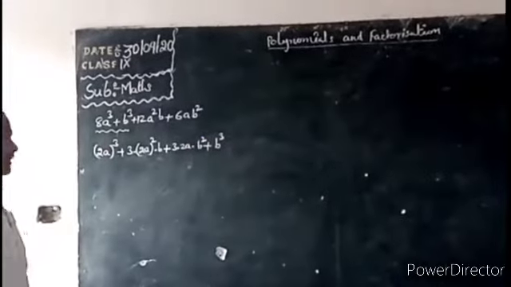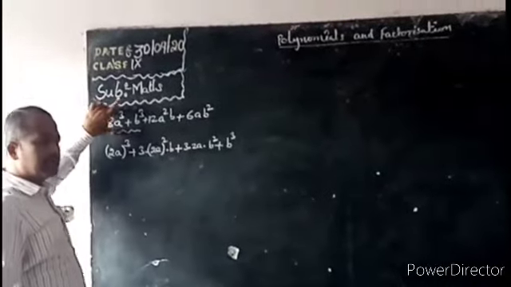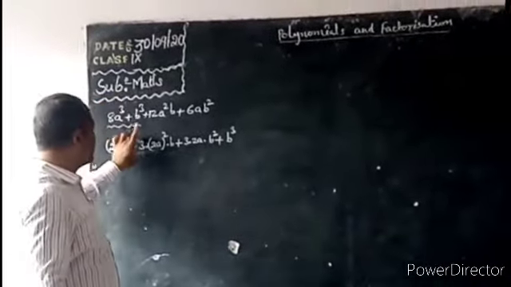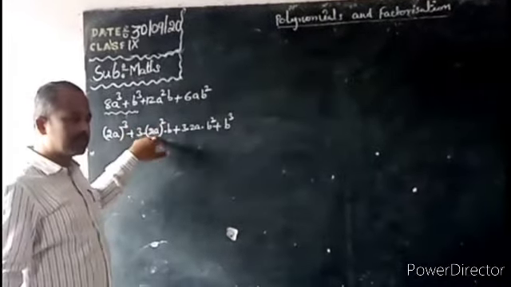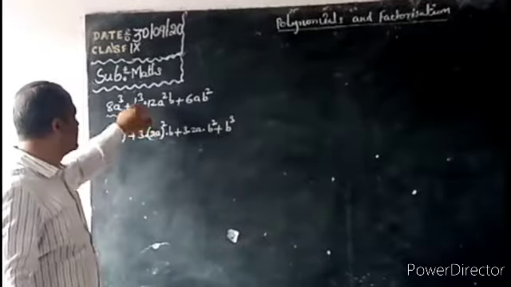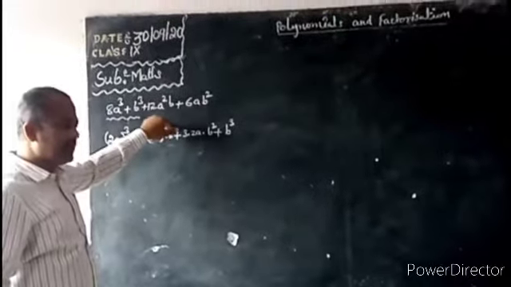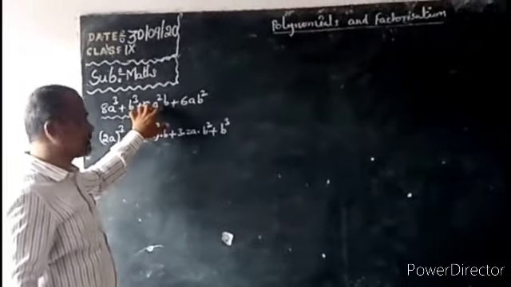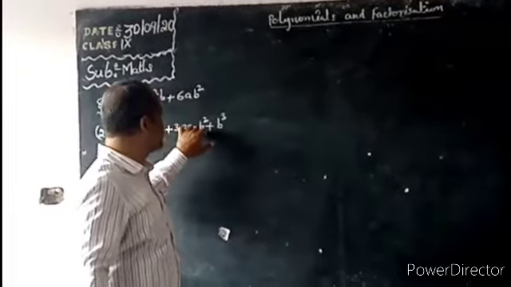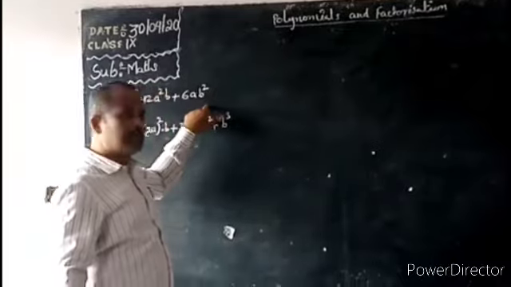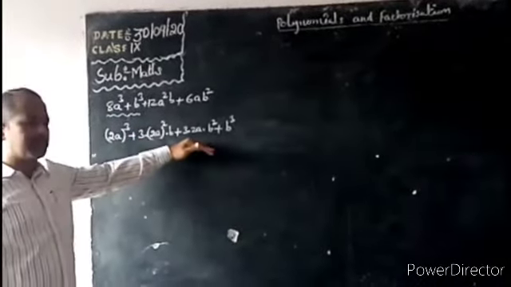Again we are getting the same or not? Just check yourself. 2a whole cube, 8a cube. 3 into 2a whole square means 4a square. 3 into 4a square, 3 4s are 12, 12a square b. It is equal to this one, is it not? Next, 3 into 2a, 6a, 6a into b square, 6ab square. Total all terms are getting in the identity formation here. In the next step, yes or no?